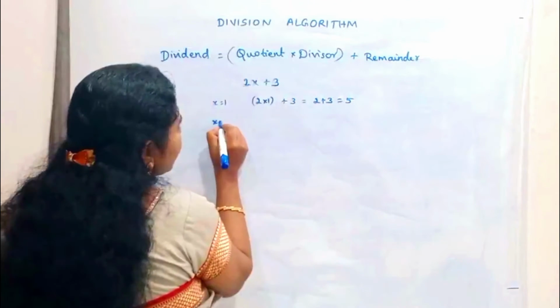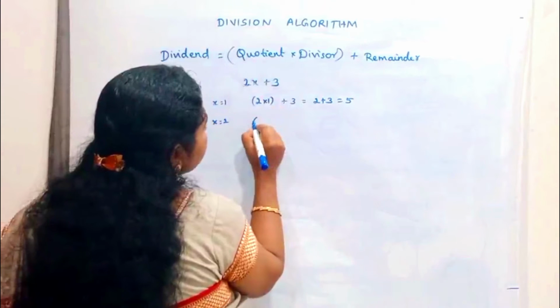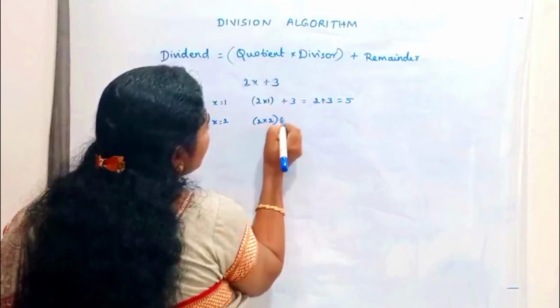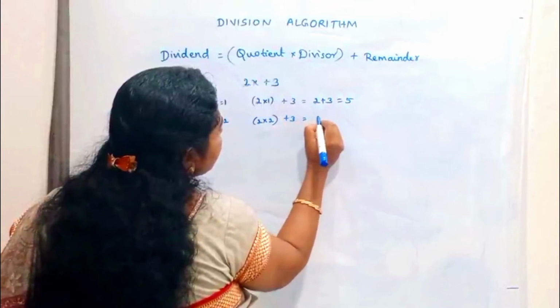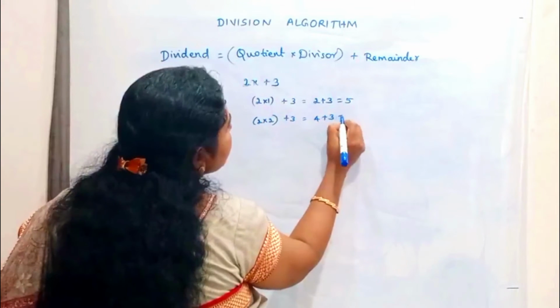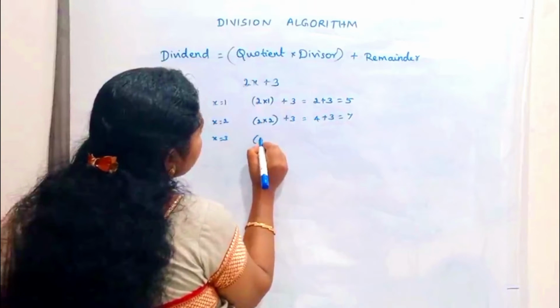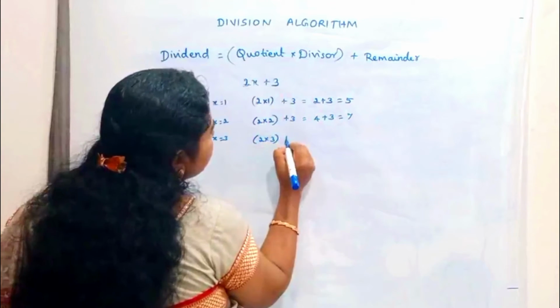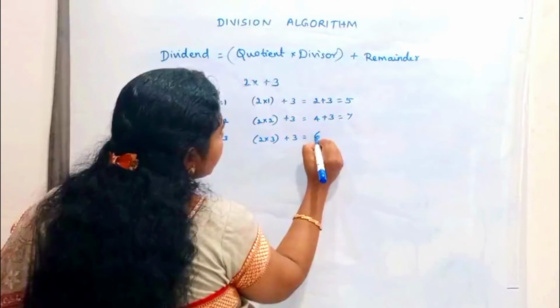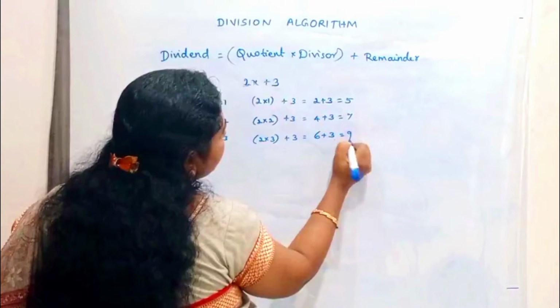If the value of x is 2, the expression becomes 2 into 2 plus 3, which is equal to 4 plus 3, which is equal to 7. If the value of x is 3, it becomes 2 into 3 plus 3, which is equal to 6 plus 3, which is equal to 9.